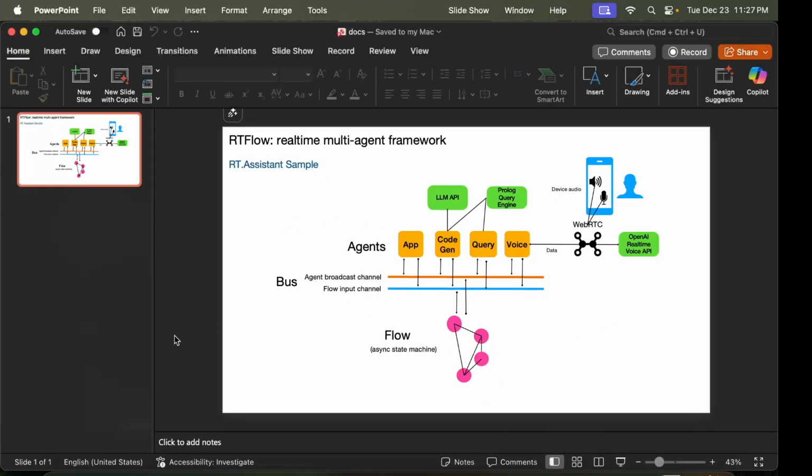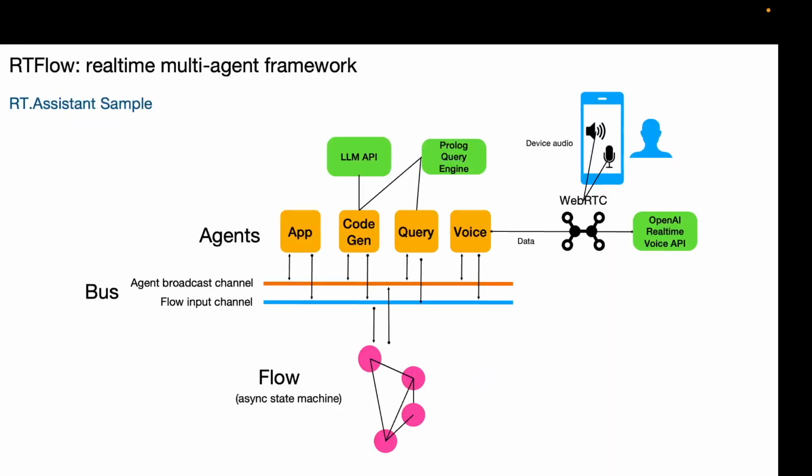Okay, now let's walk through a simple scenario to provide a sense of how the agents work together. So let's say the user asks a question about a phone plan, something like, can you find me a plan that supports 4 lines for $100 or something like that.